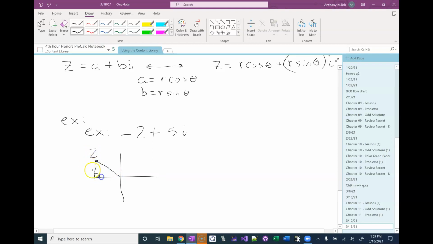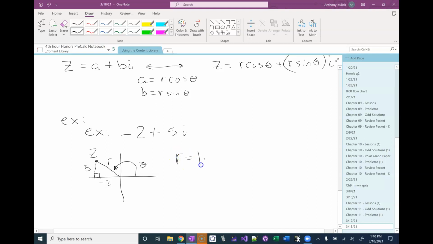So there's my complex number that I've gone 5 up and 2 to the left. So this is my value for r, that side length. And there's my value of theta that I'm going to be searching for. So far, so good?